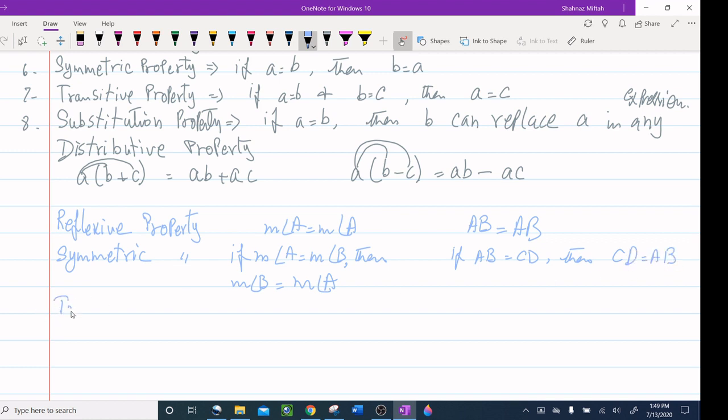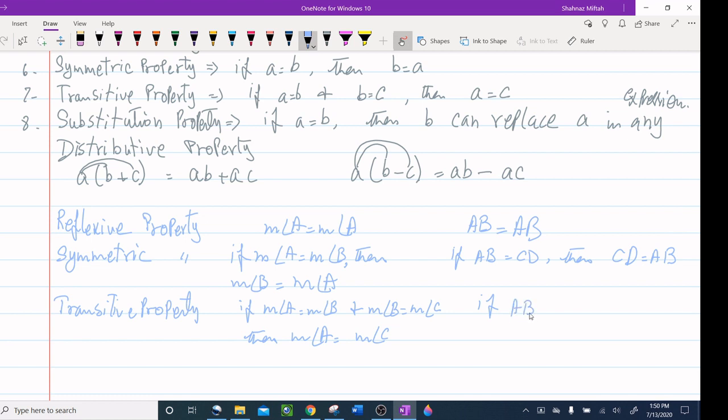Then we have the transitive property. If the measure of angle A is equal to the measure of angle B, and the measure of angle B is equal to the measure of angle C, then the measure of angle A is also equal to the measure of angle C, which means the B's cancel. For segments, it's the same thing.